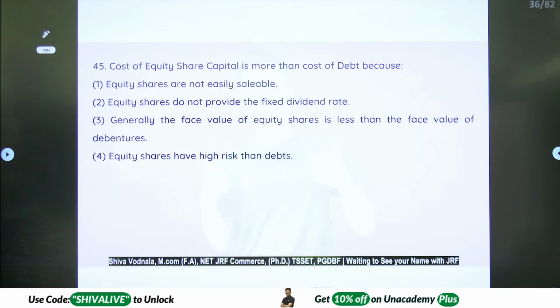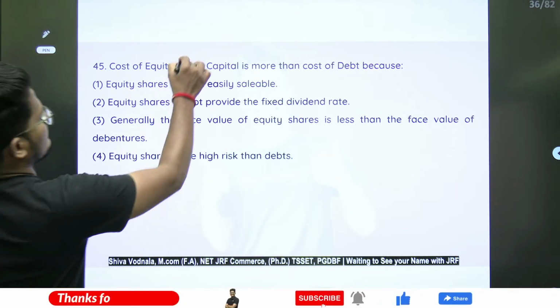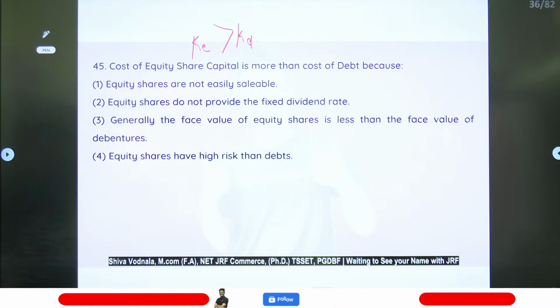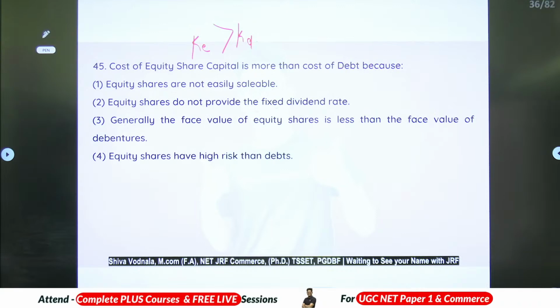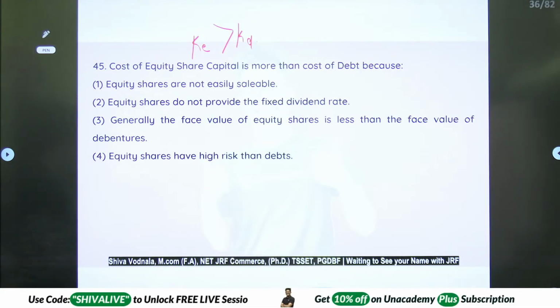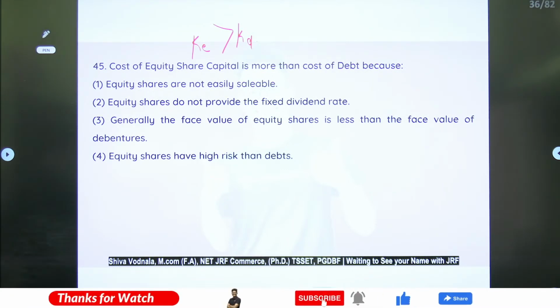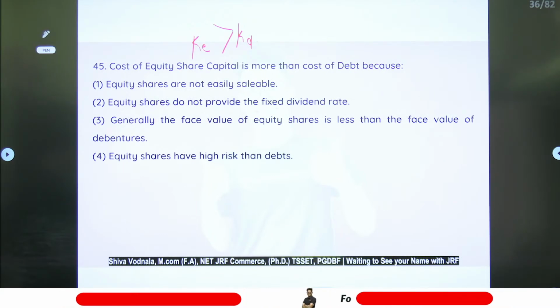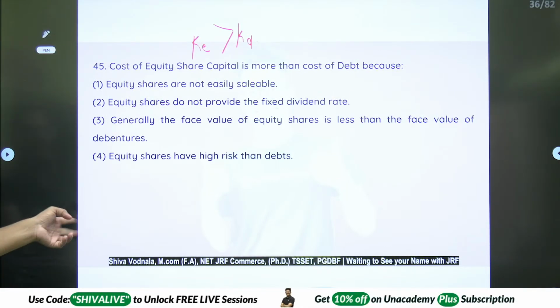Cost of equity share capital is more than the cost of debt because... the answer is that 4 is the given answer.